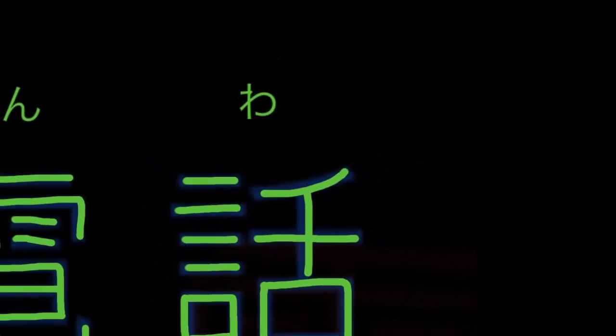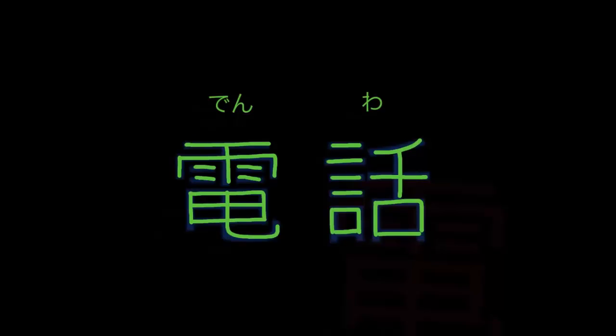So tongue on the right, words on the left, put them together and it means to speak. The pronunciation is wa, and if you put that together with den, you get denwa, or telephone. Electricity and talking. Electric, talking, telephone.